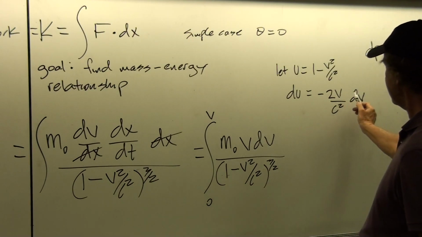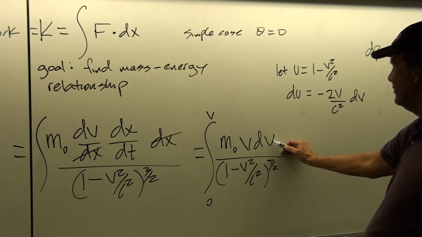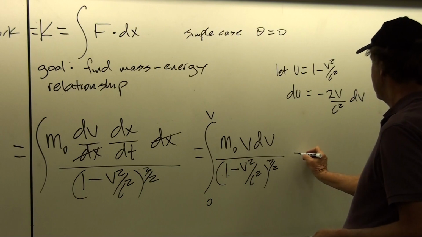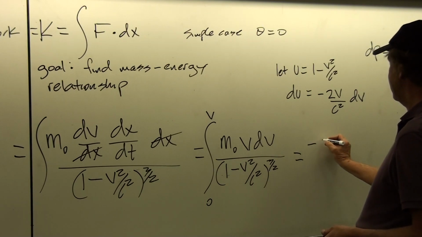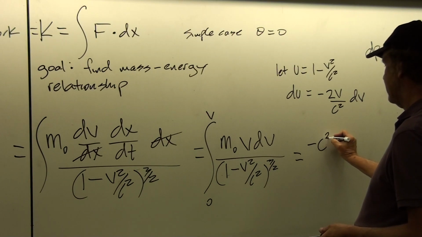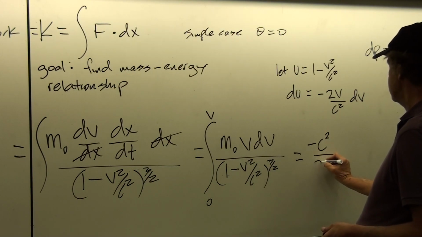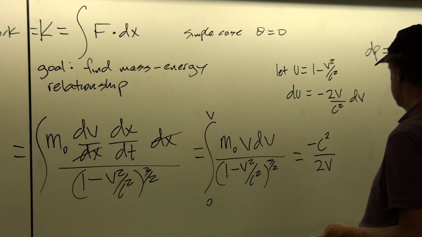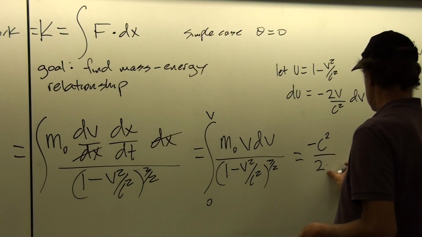Okay, and so we've already got a v dv in the numerator. Okay, and so all we have to do to turn this into a du then is to multiply by minus c squared over 2v. Or no, not c squared over 2v, just c squared over 2.